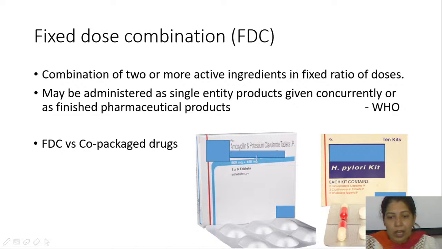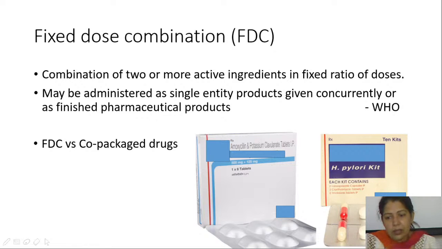In this example we have amoxicillin and potassium clavulanate, which acts as a penicillinase inhibitor and prevents degradation of amoxicillin in penicillin resistant organisms. So these 2 drugs are combined into a single finished pharmaceutical product. So this by default means FDC, that is 2 ingredients in the same product.